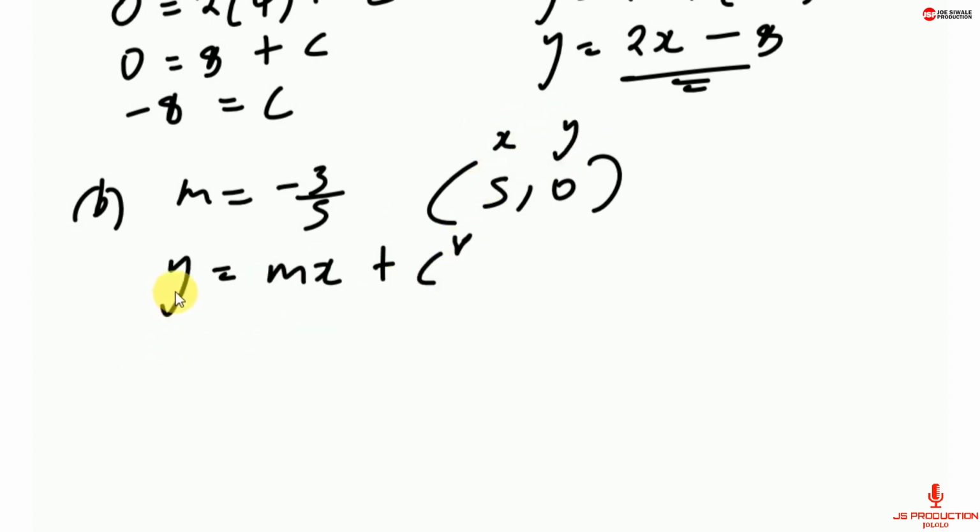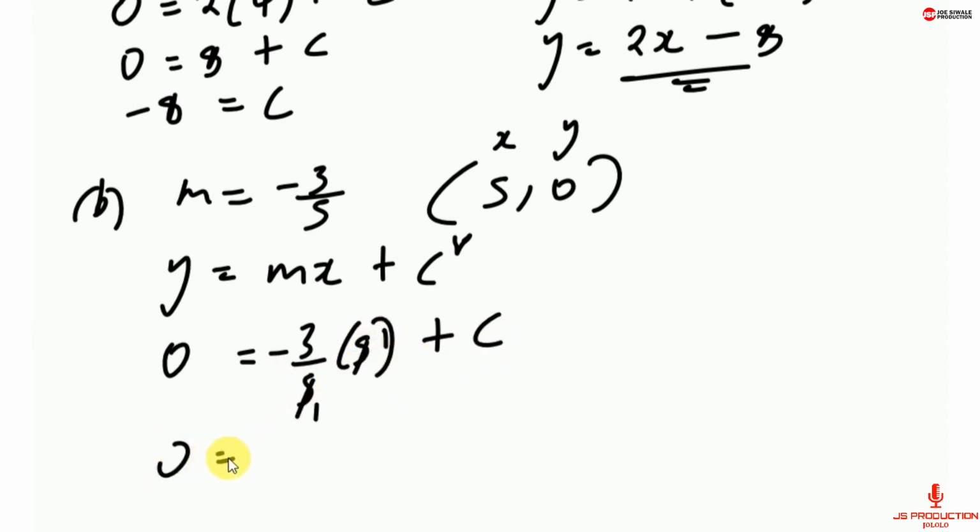So our y there, that's 0, as you can see, is equal to m there, that's negative 3 divided by 5, and our x there, we know that's 5, plus c there. So to simplify this equation, you can say 5 there 1, 5 there 1. So we're going to have 0 is equal to negative 3 plus c there.